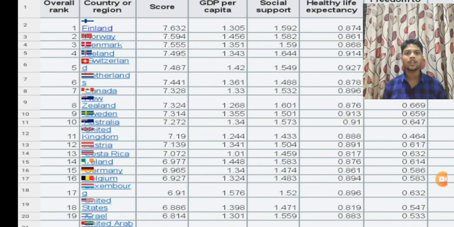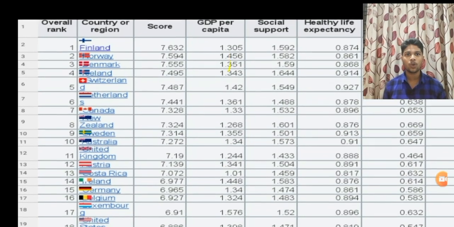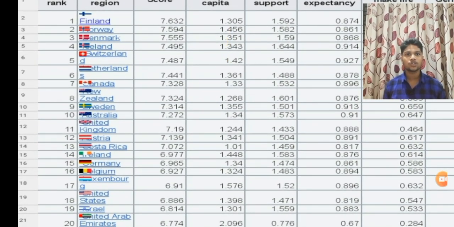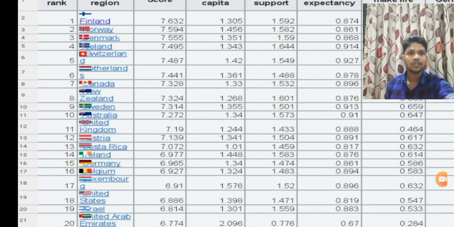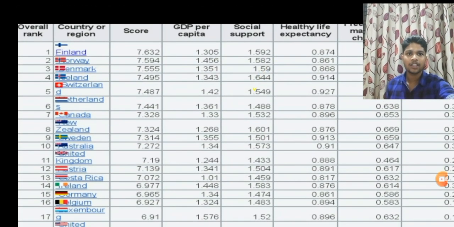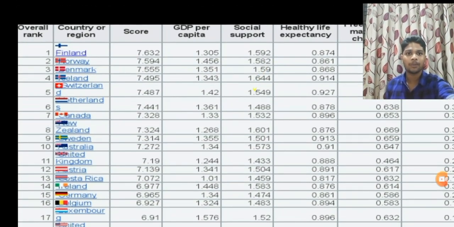And when we take a look at this, we may find that the Scandinavian countries are at the top of the table. Finland, Norway, Denmark, Iceland, Switzerland, and many such European countries are at the top. Let us take a look at the factors which determine the happiness index.